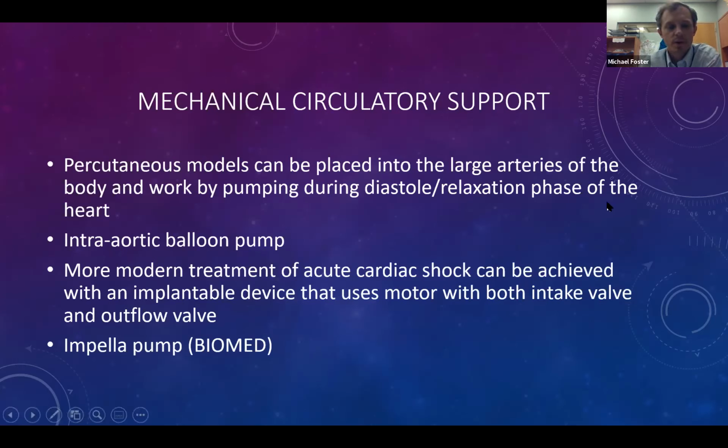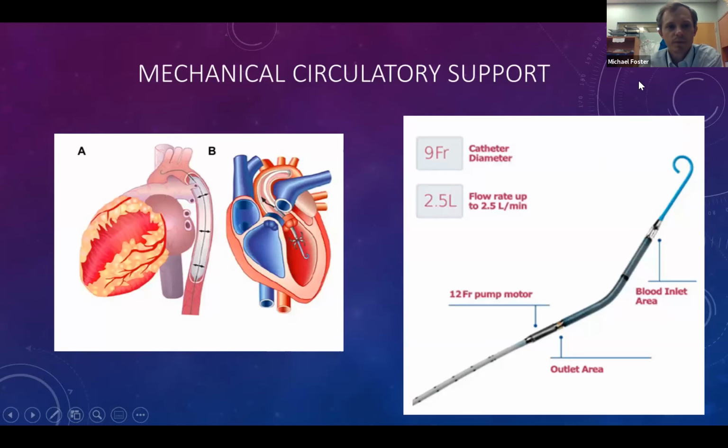There are many types of Impellas, some bigger than others, and some giving more blood flow to the actual body than others. This is a picture on your left under the A area of an intra-aortic balloon pump. The balloon pump will inflate and deflate using the cardiac cycle.